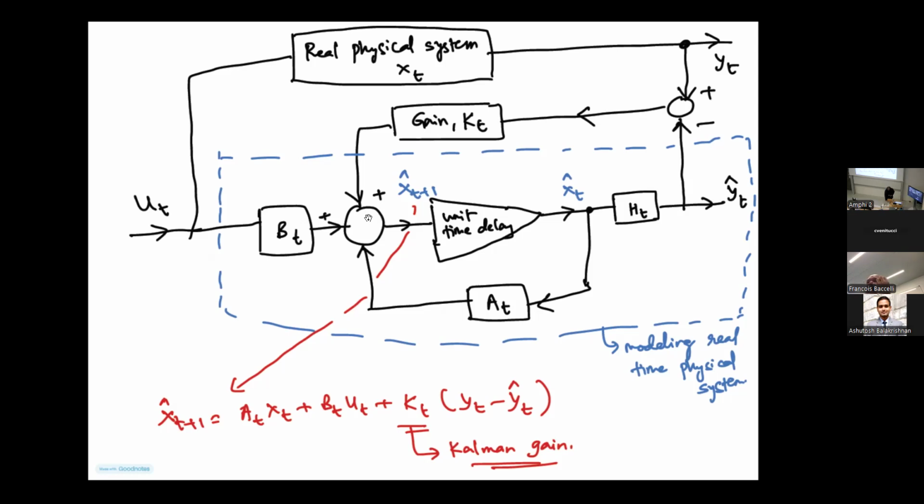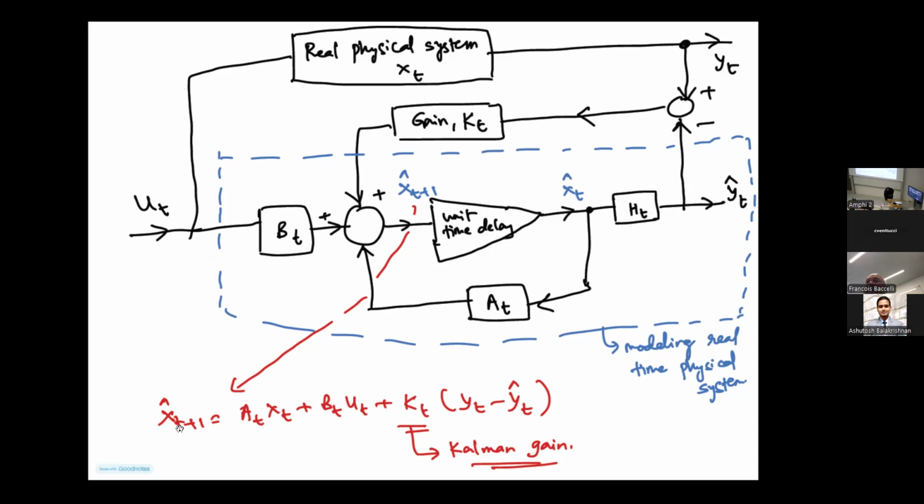And so we are trying to approximate the real physical system with a discrete modeling, right? The matrices A and B are known, they may evolve with time. The matrix H is known, it evolves with time. And the state is x hat of t plus 1, which delays to x hat of t. So this is a rough overview.